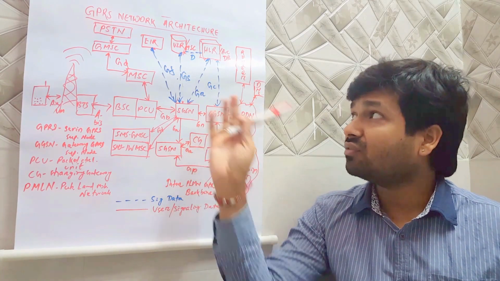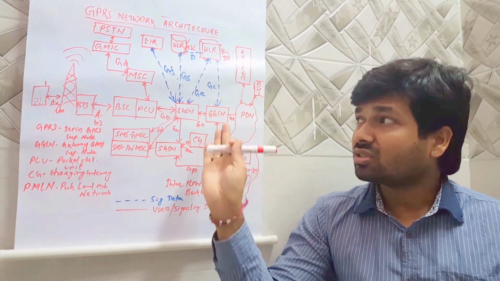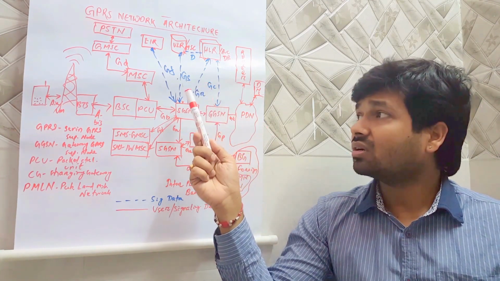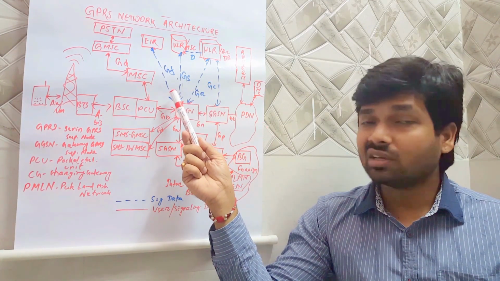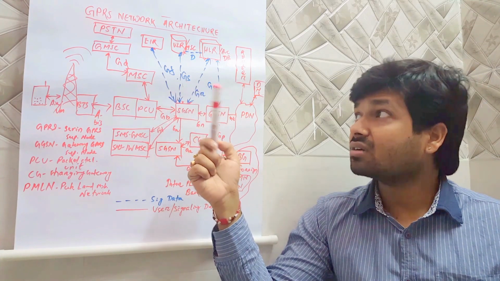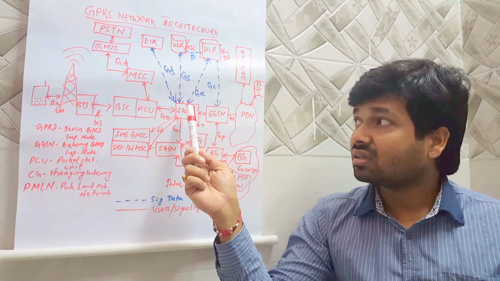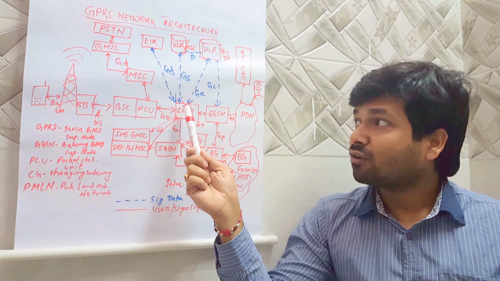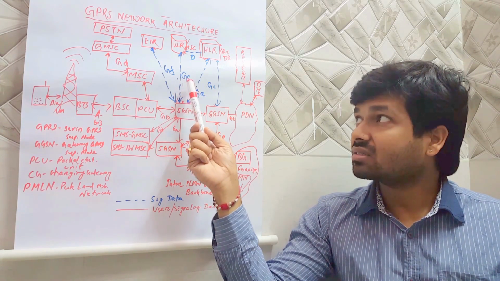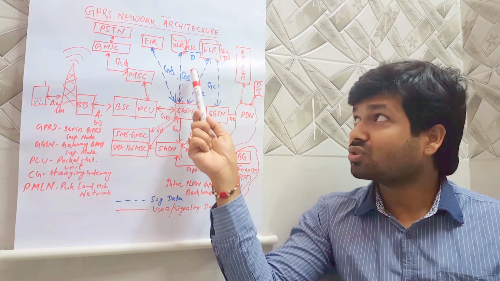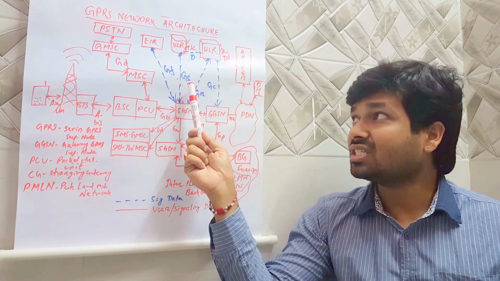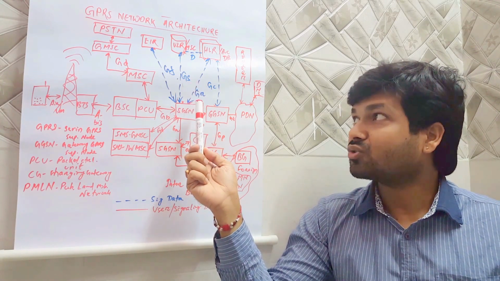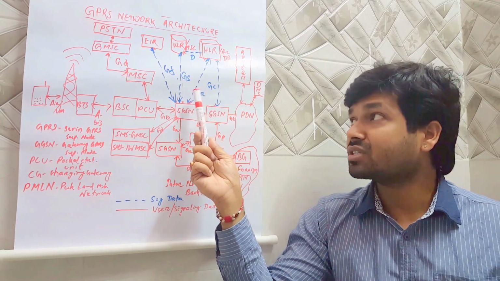So we are having 5 different interfaces which carry the signaling data only in the GPRS network. Number 1 is the Gf interface, which carries the signaling data from EIR to SGSN and vice versa. From SGSN towards the VLR of the MSC, we are having the Gs interface, which is very important to have communication with the VLR and the MSC.